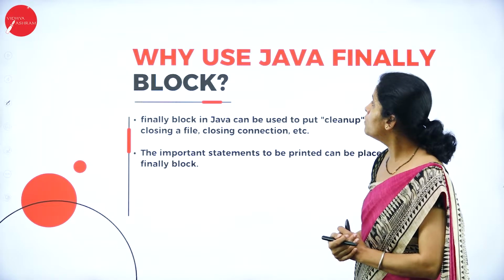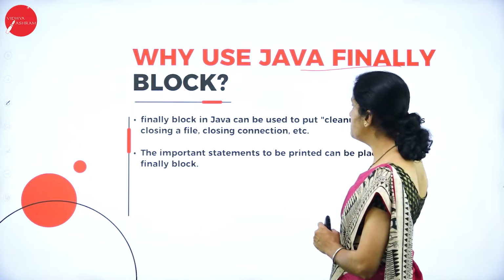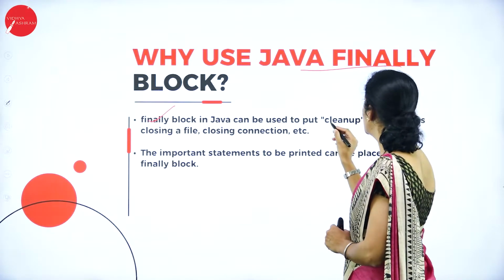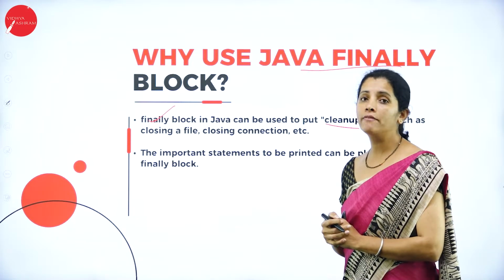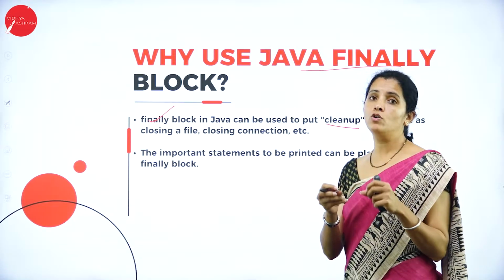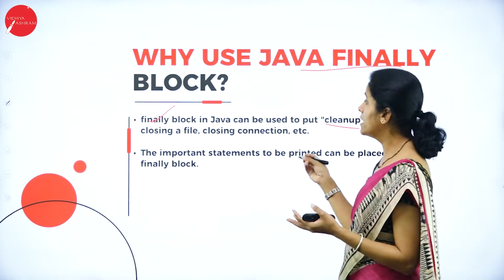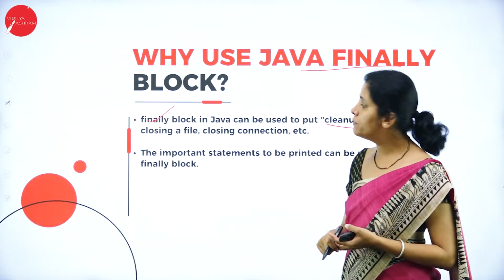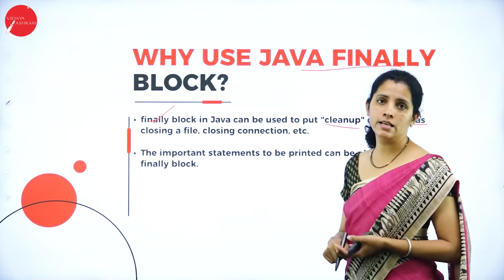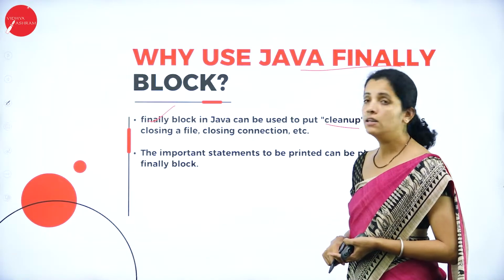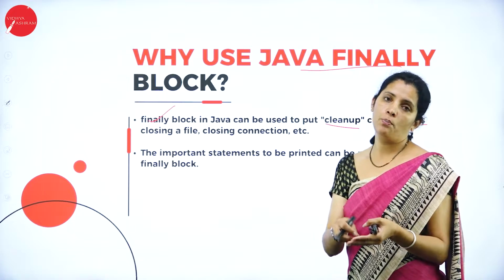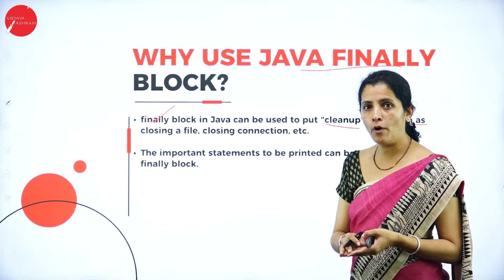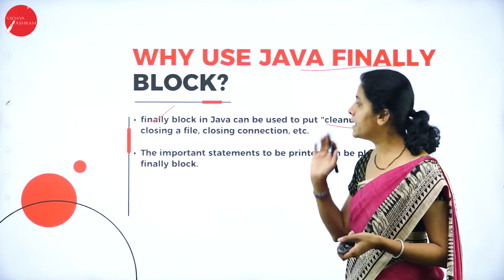Now dear student, why use a Java finally block? The finally block in Java can be used to clean up. Suppose I have any garbage values and I want to perform cleaning, then I can use finally, such as closing a file, closing a connection, etc. So dear student, there are times I'm going to open a file in my program, and if I forget to close the file pointer, then I can use finally.